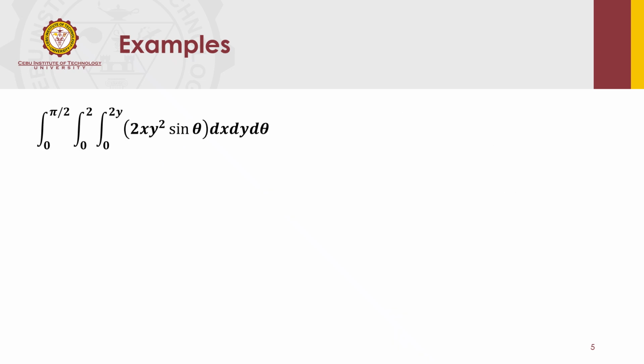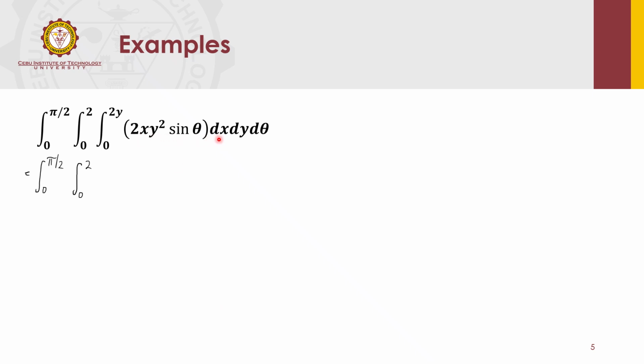So we have here an example of a triple integral. We start with x as the variable of integration, so we copy the first two integration symbols with the limits. We start with the integral of 2xy squared sine theta.